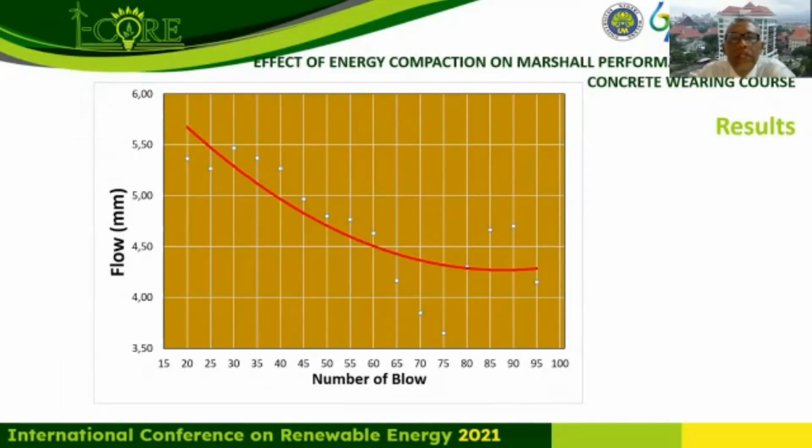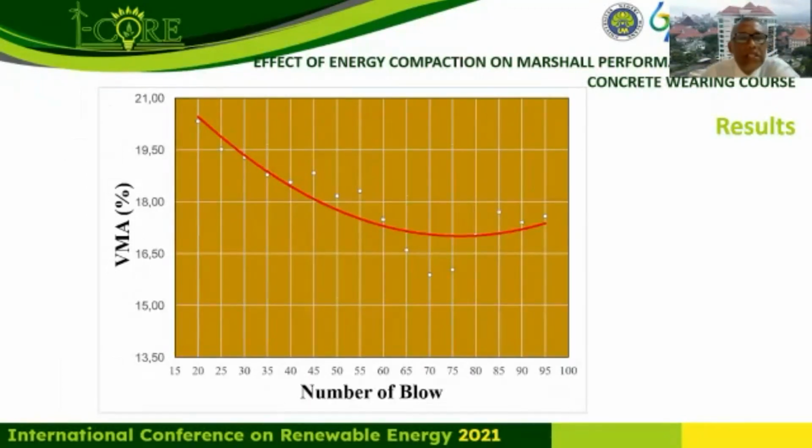For flow, from 20 blows until 95, we can see the trend is decreasing, with a maximum decrease at 75 blows.